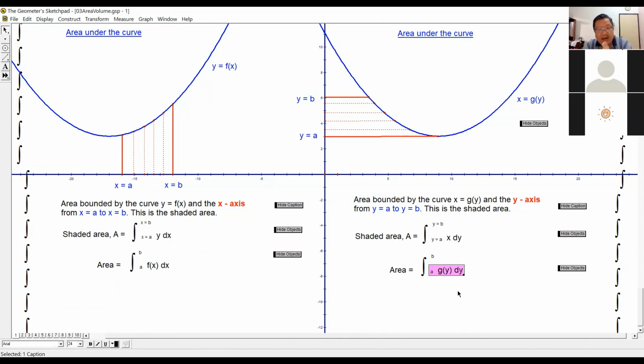All the terms you have to integrate are in terms of y, and you have to integrate them with respect to y. That's why the dy is there. And the upper and lower limits are values of y, that is y equals a, y equals b. Okay, any question?